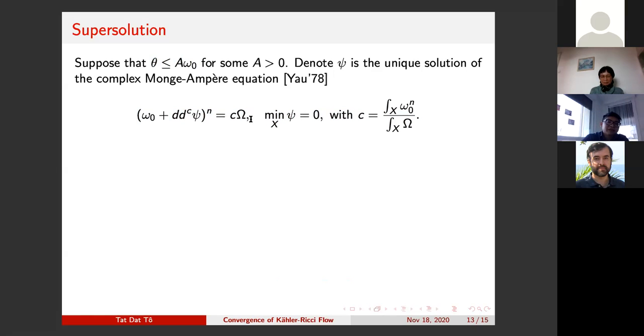And here is a very famous result by Yau, 78. And of course the function phi here is smooth.